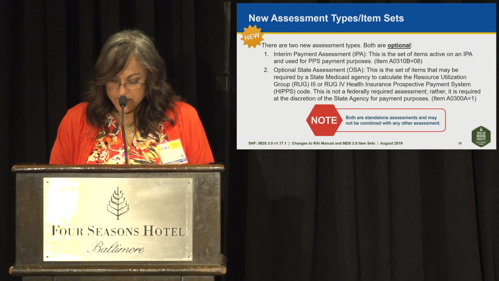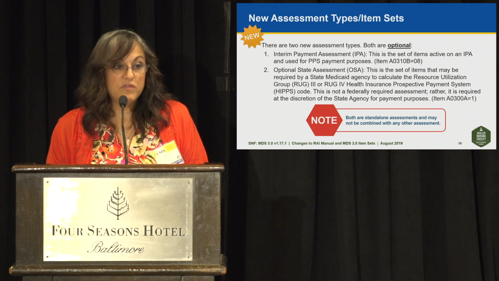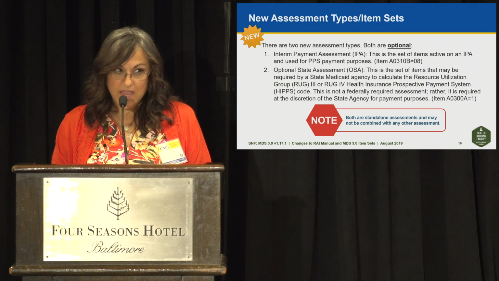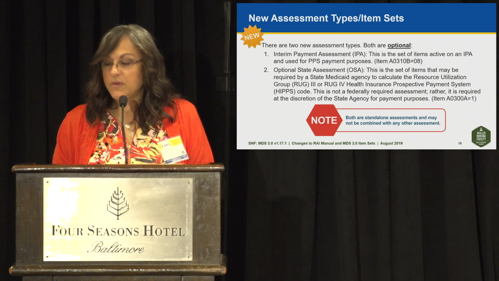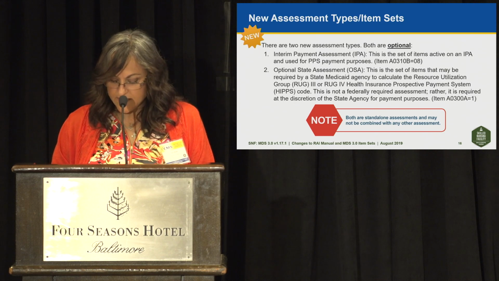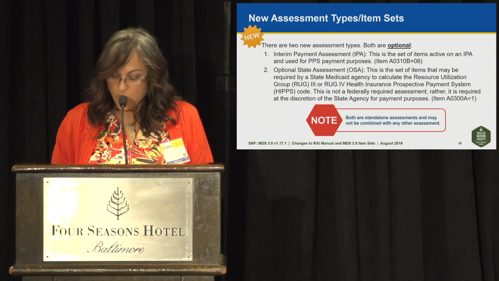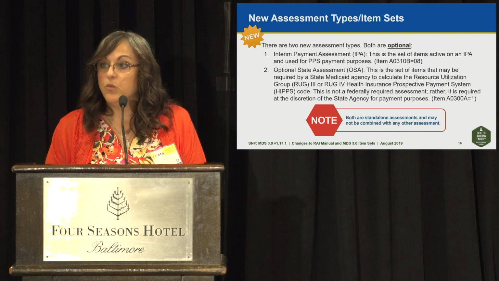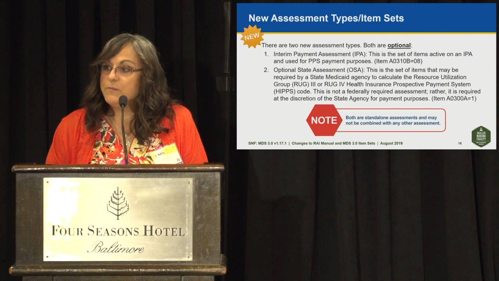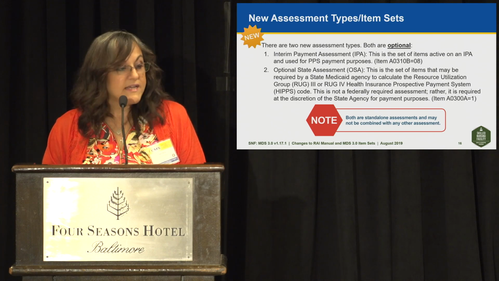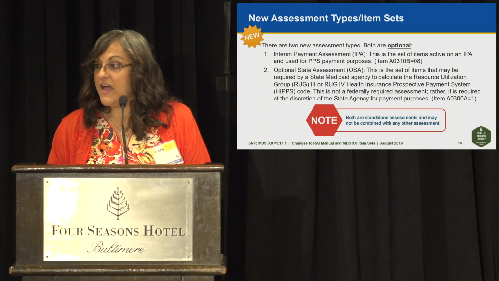There are two new assessment types, as I've mentioned. They're both optional assessments. The first is the interim payment assessment, or the IPA, which is signified by coding A0310B equals 08. And the second is the optional state assessment, or OSA, which is signified by coding A0300 equals 1, yes. For the IPA, the assessment reference date, or ARD, can be set for any time after the ARD of the 5-day.